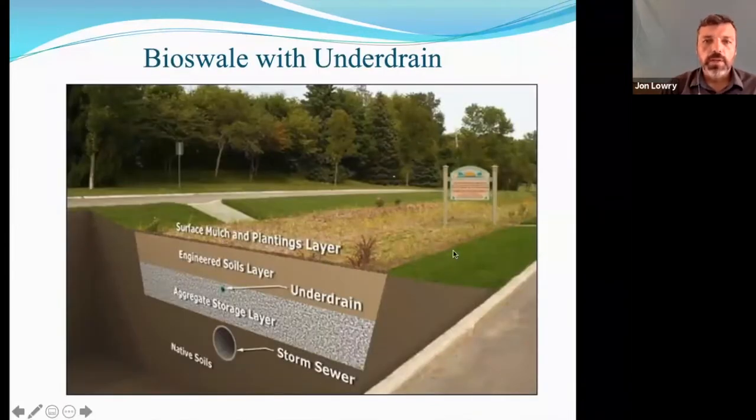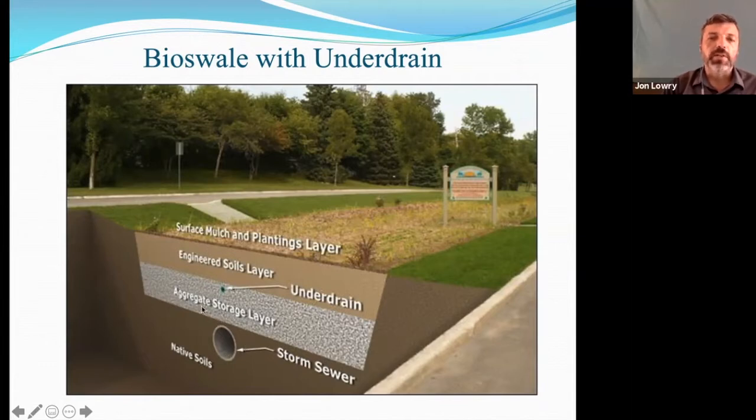So this surface layer, if it's just a grass swale, will typically only have the surface area that drains to another drainage structure. But the bioswale also typically has an underdrain system.